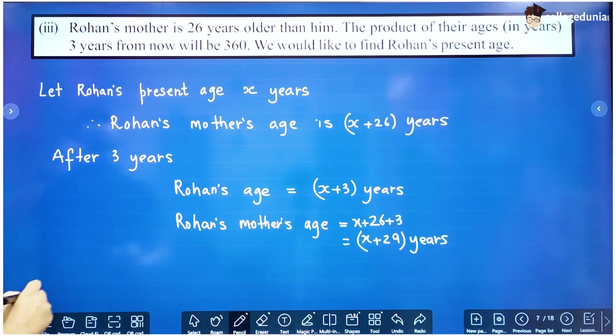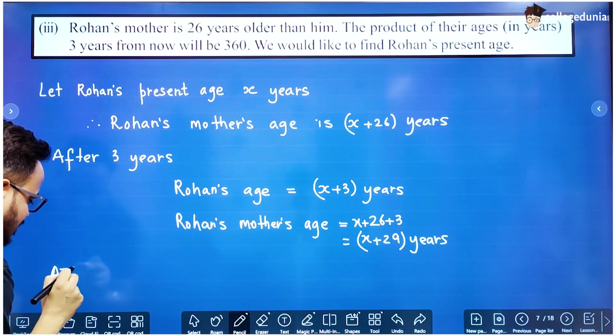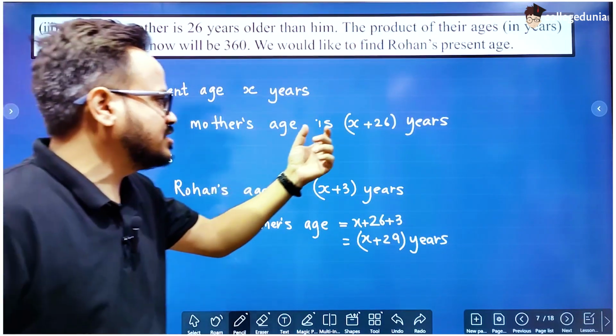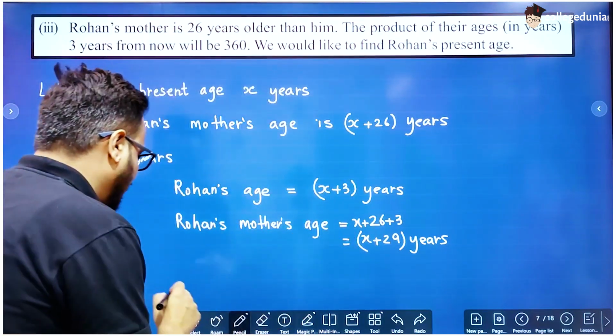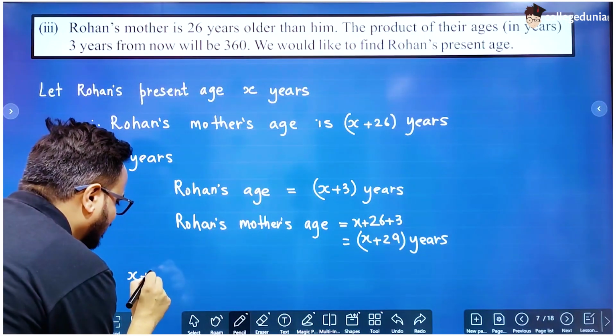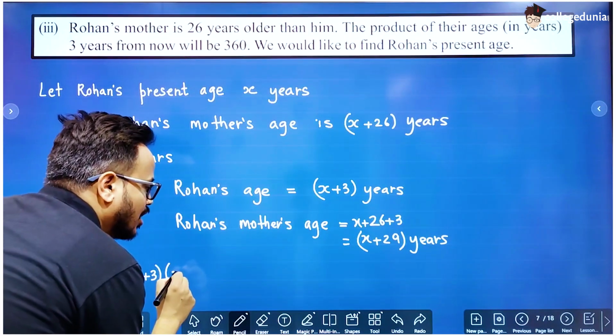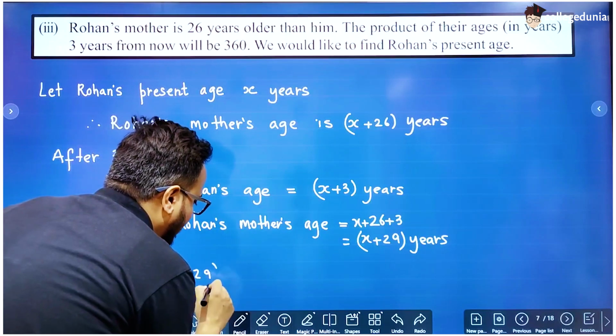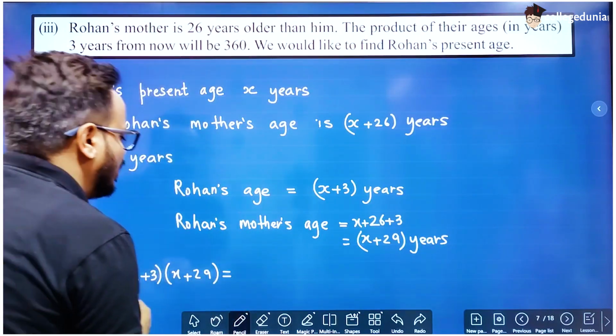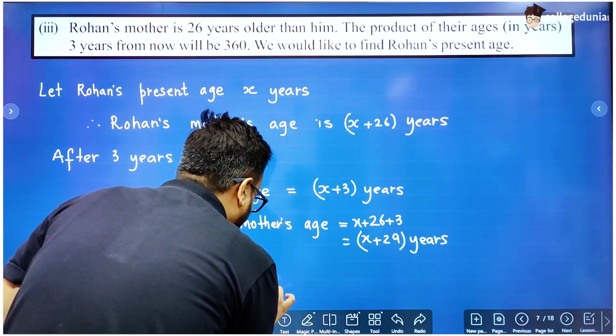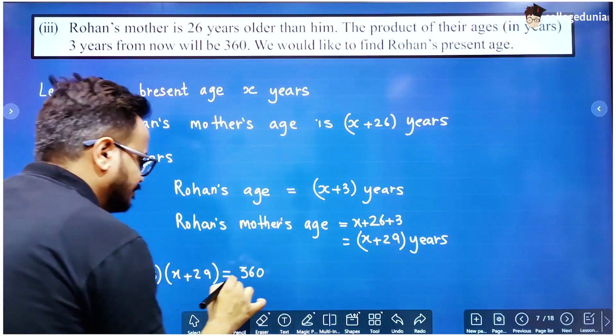Okay, so according to the question, the product of these two ages, that is x plus 3 into x plus 29, is equal to 360.